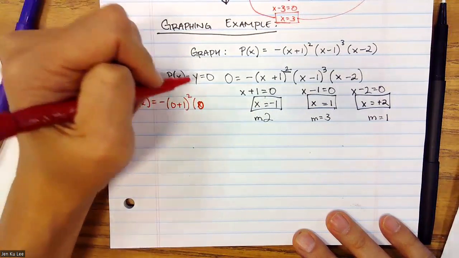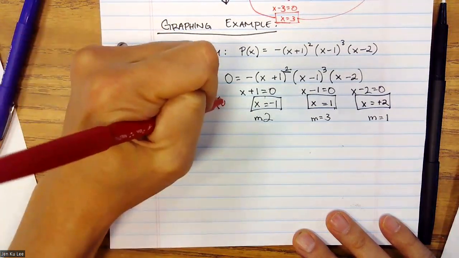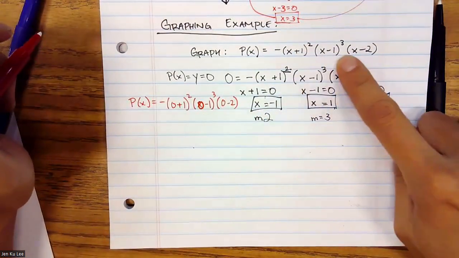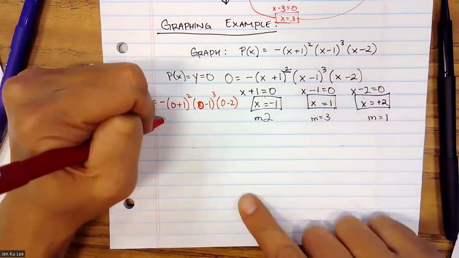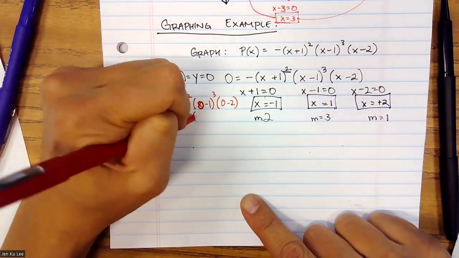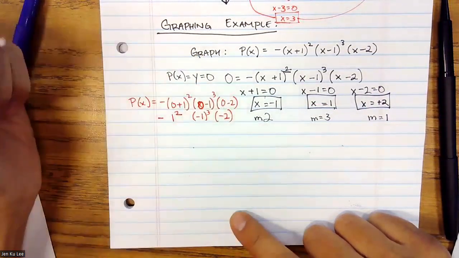Not x, but 0 minus 1 quantity cubed times 0 minus 2, right? I just plugged in 0 for my x values here. So I have negative out here, 1 squared, negative 1 cubed times negative 2.